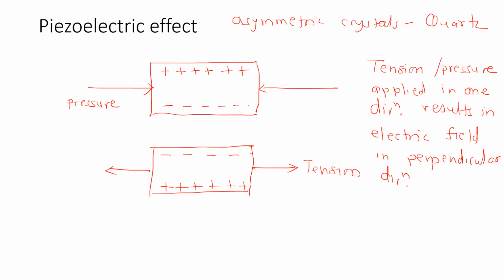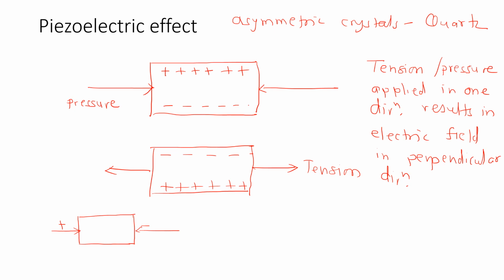So if we place this asymmetric crystal, if we apply this electric field to such a crystal, if we are applying electric field in this direction, say plus and minus, then what we should get? What is the converse or inverse of piezoelectric effect?